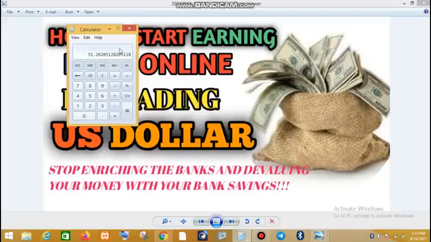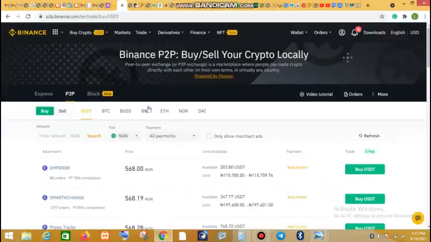So let's check the price here. This is Binance. So USDT is just a cryptocurrency. It is equivalent to the US dollar. But I can also say that USDT is a US dollar cryptocurrency. So let's check the price.